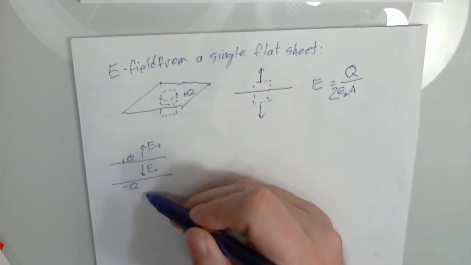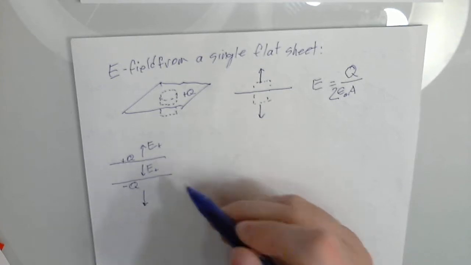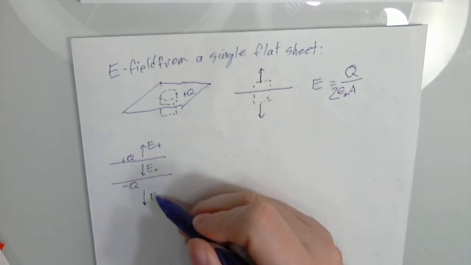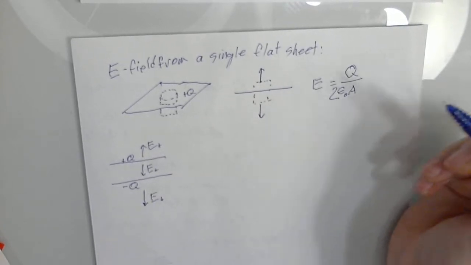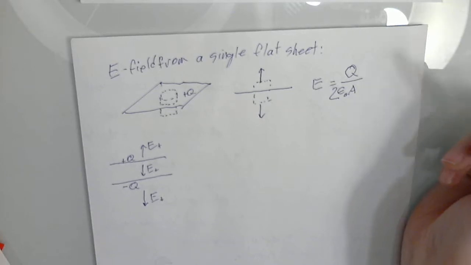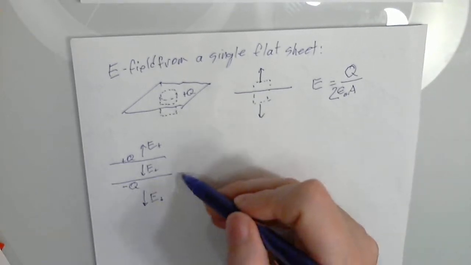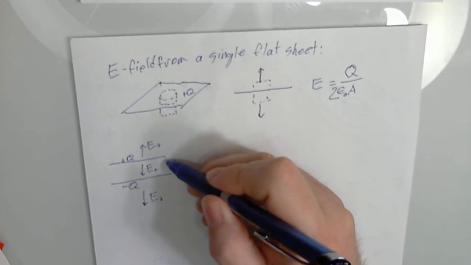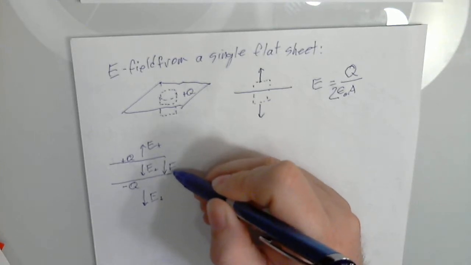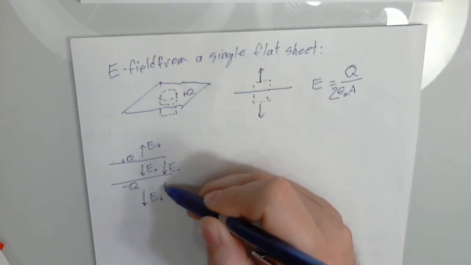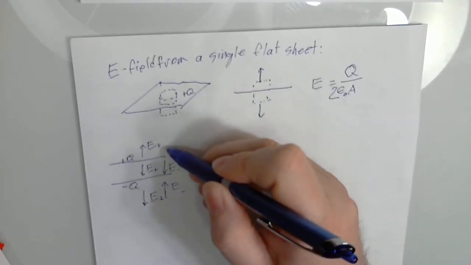So even when we're down beneath the lower negatively charged sheet, we're still going to have a downward electric field there. All right. On the other hand, the negatively charged sheet is going to have an electric field that points towards it on either side. All right.